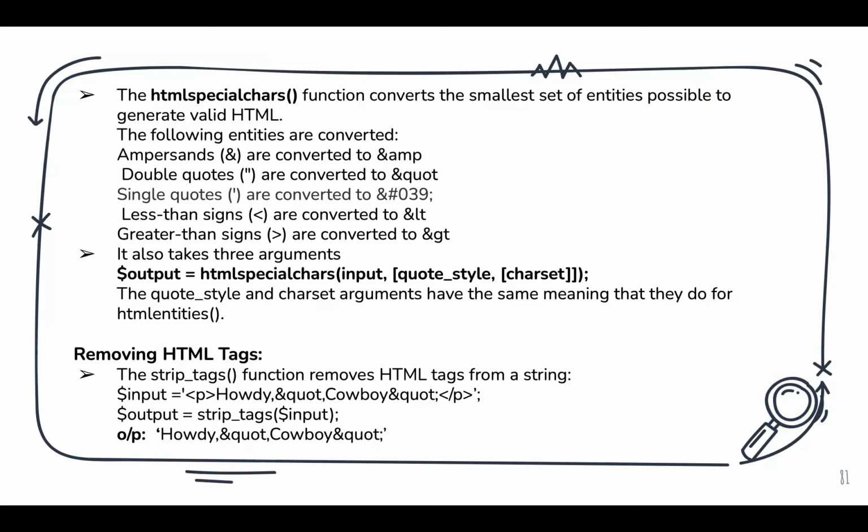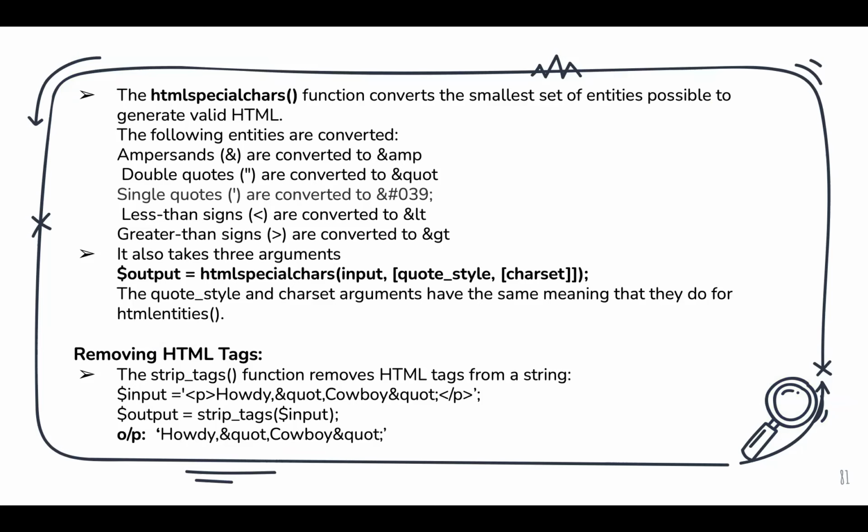The htmlspecialchars function converts the smallest set of entities possible to generate valid HTML. The following entities are converted: ampersand is converted to &amp;. Double quotes are converted to &quot;. Single quotes are converted to &#039; with a semicolon.